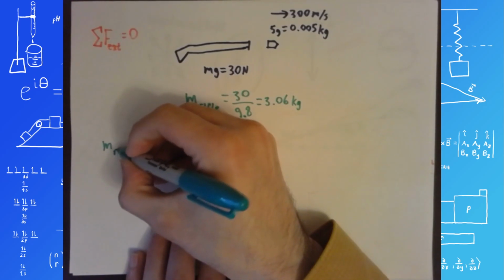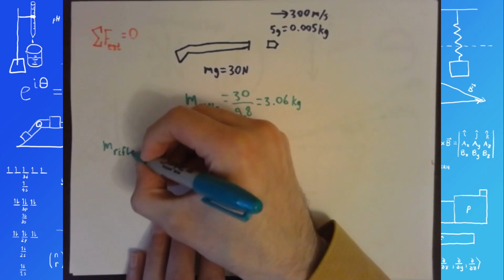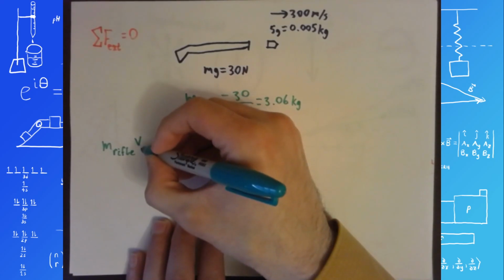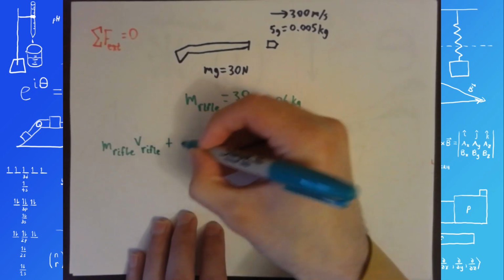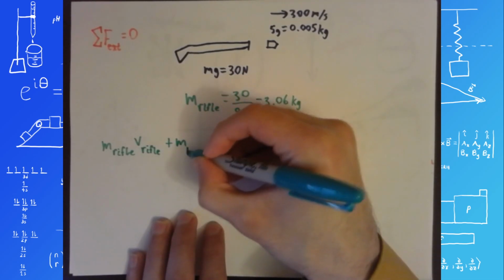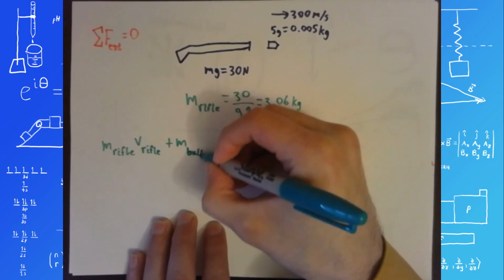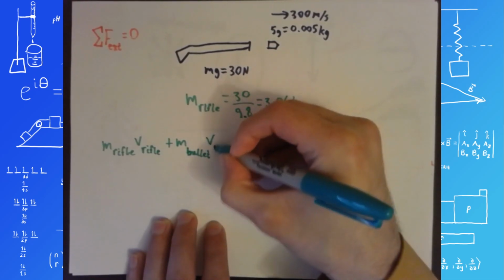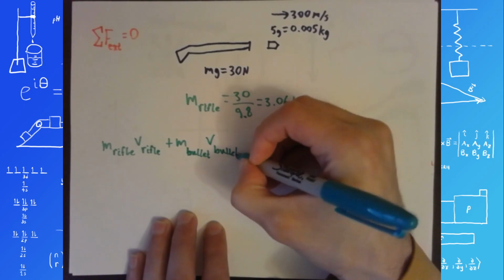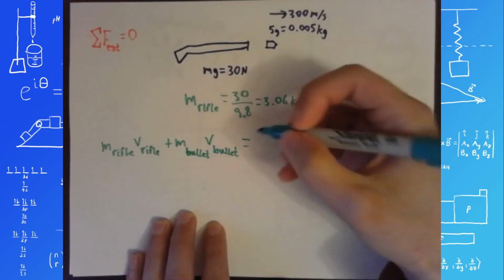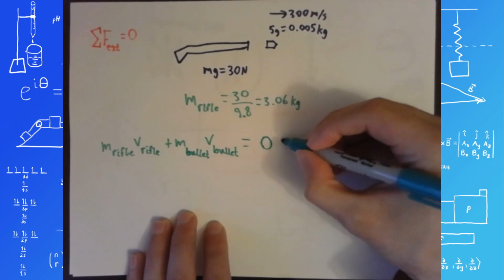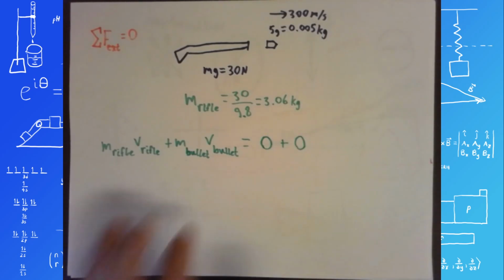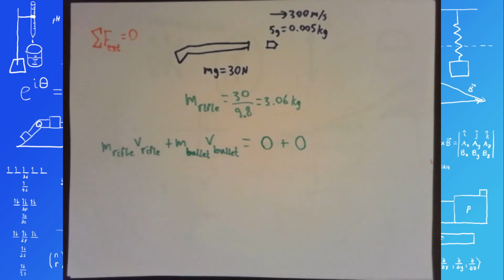M rifle times V rifle plus M bullet times V bullet, and these are their final velocities, equals their initial momentum, which was 0 for the rifle and 0 for the bullet. Total momentum final equals total momentum initial.